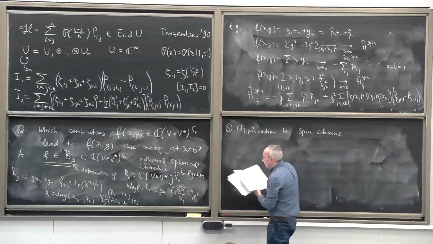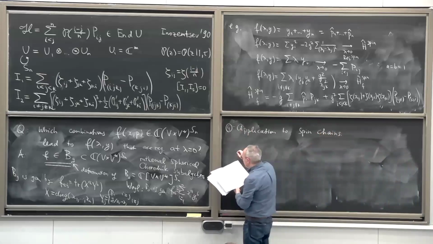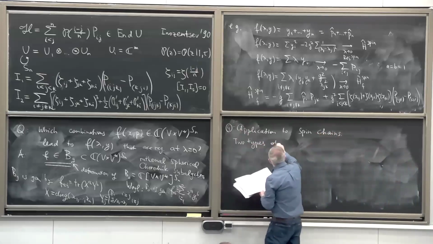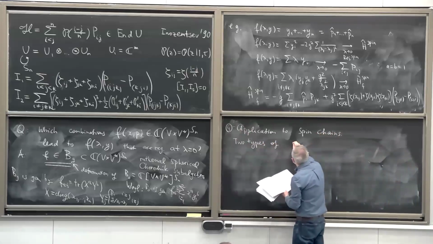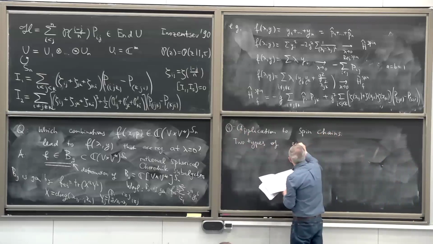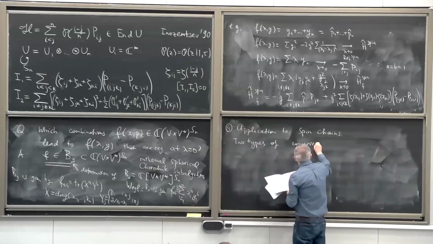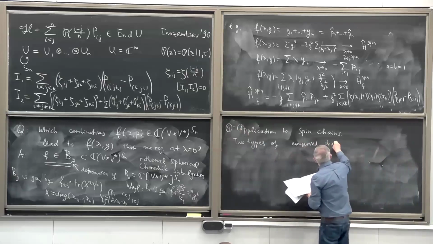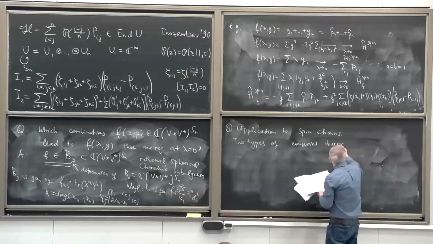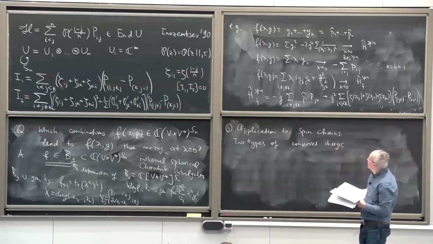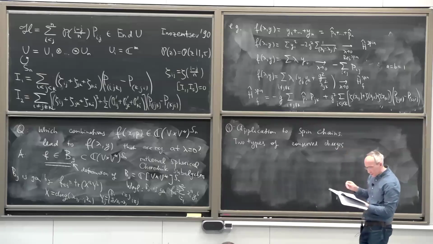Right. So we define two types of conserved charges. I don't want to call them Hamiltonians. There are too many Hamiltonians already, so it's a nightmare having all these together, notation and everything.